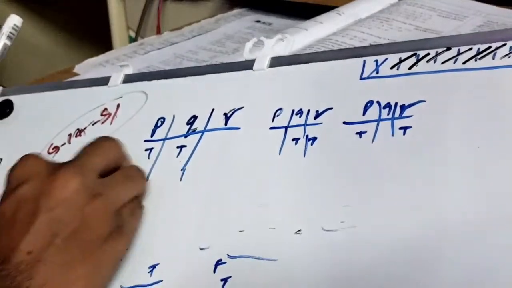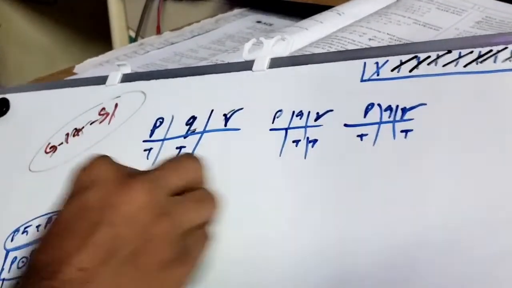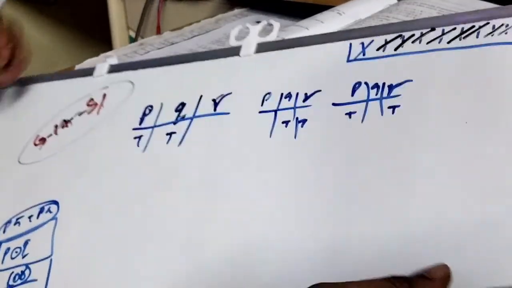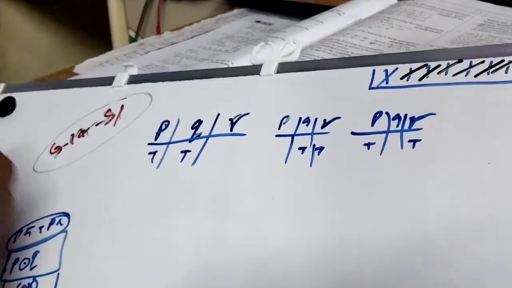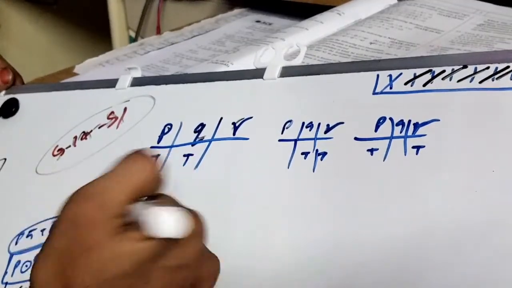Okay, let us see how it goes. This was the condition. Okay, let us see. First, negation. Negation of what?